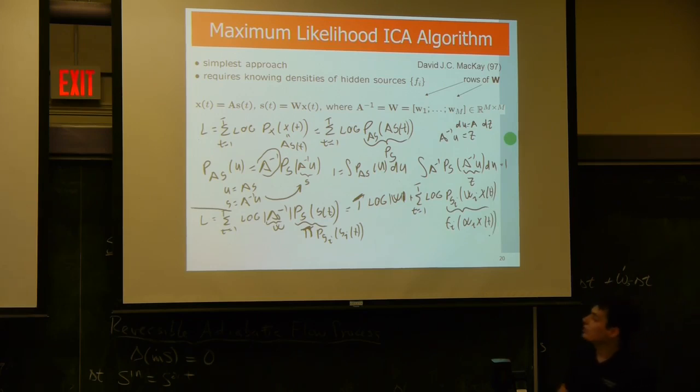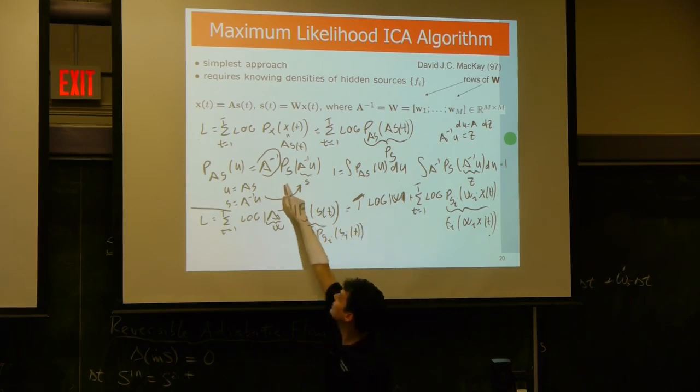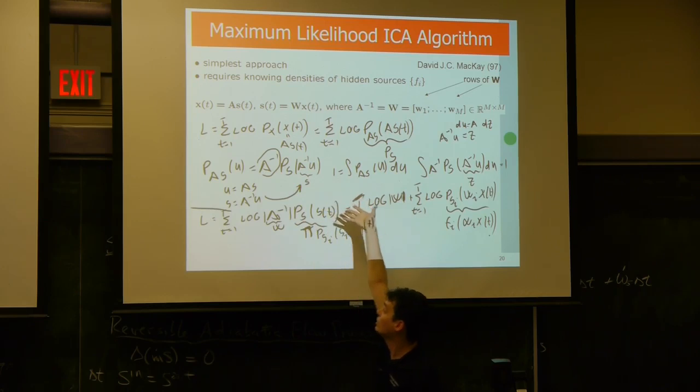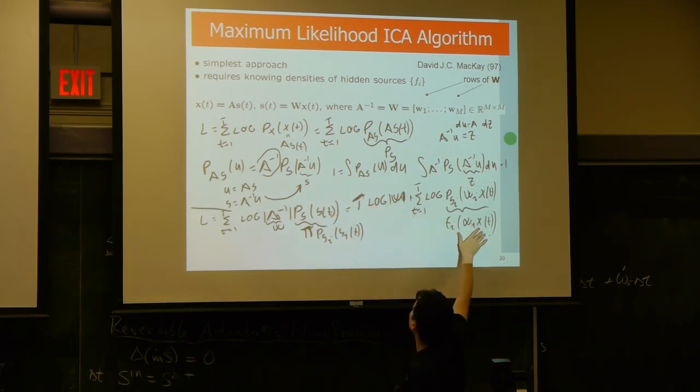So the whole point of this calculation might look a bit ugly, but what we did is we do this integral transformation, and PS is the product of one-dimensional densities, and this is what we got, and we need to minimize this in W.